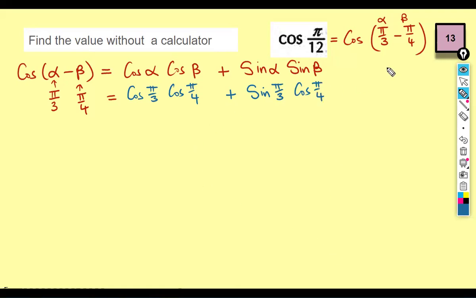And remember, in case you can't remember, pi on 3 is how much degrees? 60 degrees. And pi on 4 is how much? 45 degrees. So go to your tables now. Cosine pi on 3 is really cosine 60 degrees. Use your table to get that value.